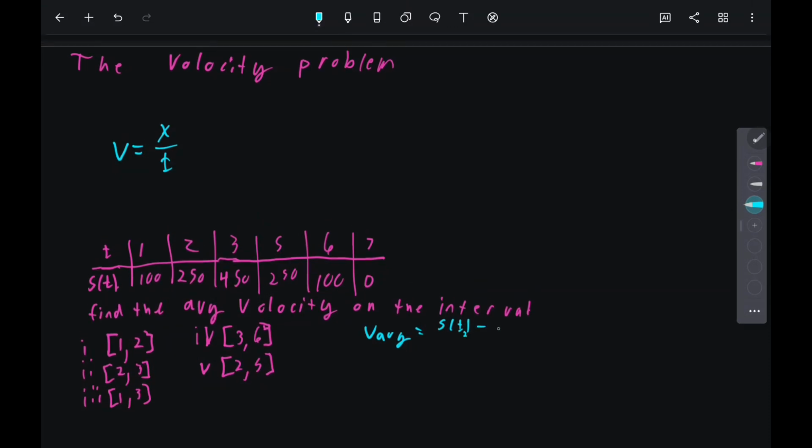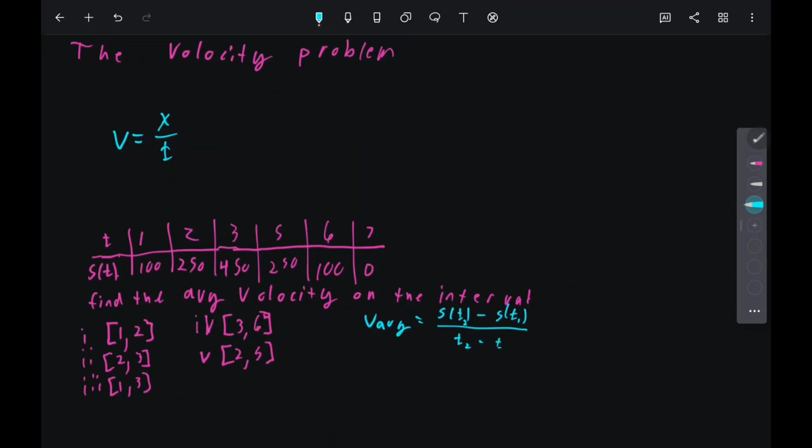And this is incredibly similar to our difference quotient. I'll explain why that is in a moment. So, I'm actually going to move this because it is going to be in the way. There we go.